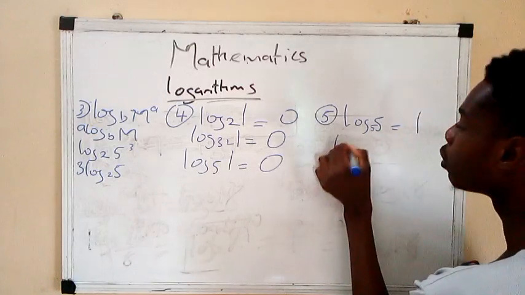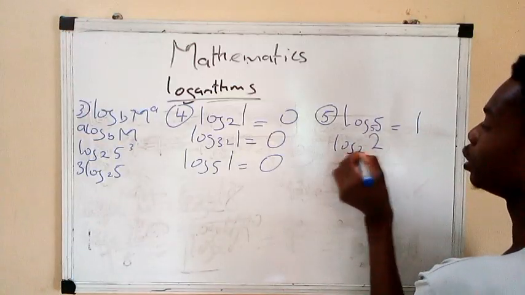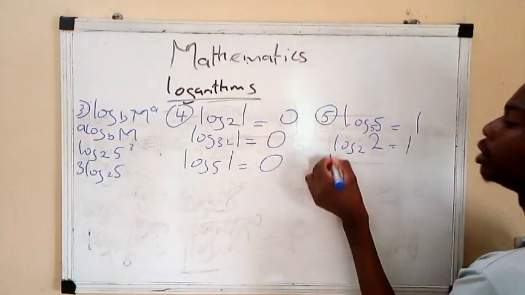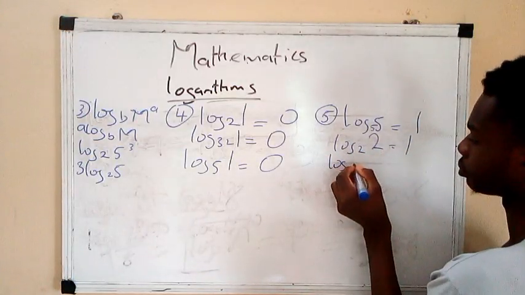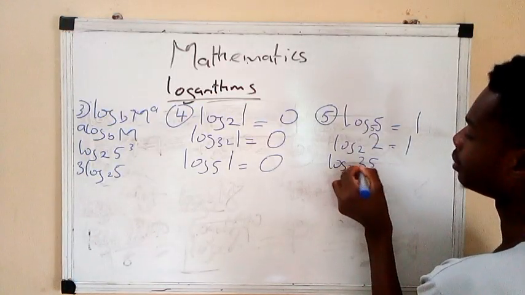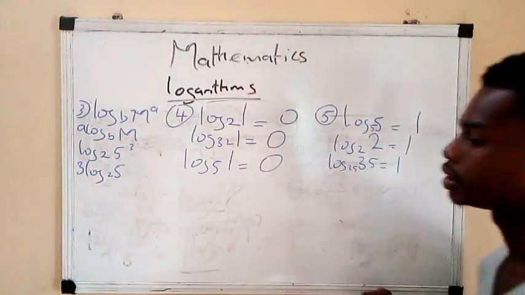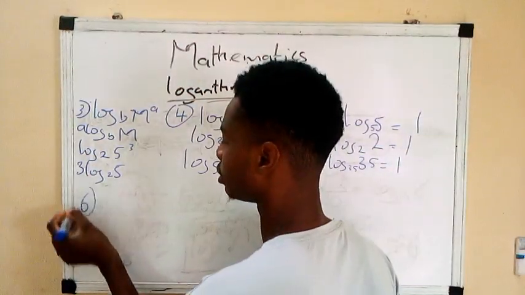If you have log 2 base 2, it is the same thing as 1. If you have log 35 base 35, it is the same thing as 1. Take note.